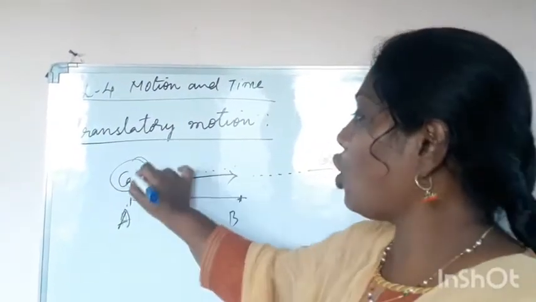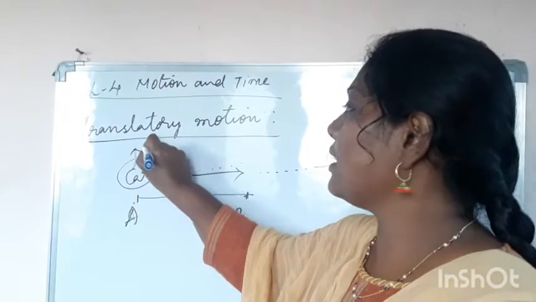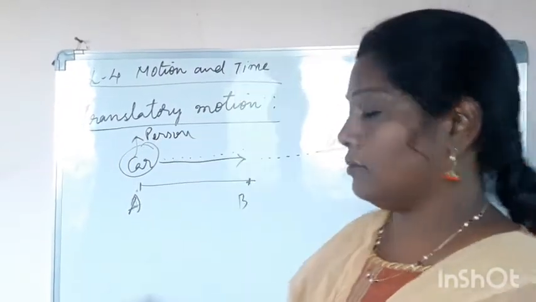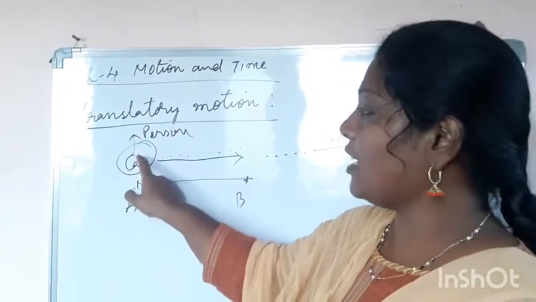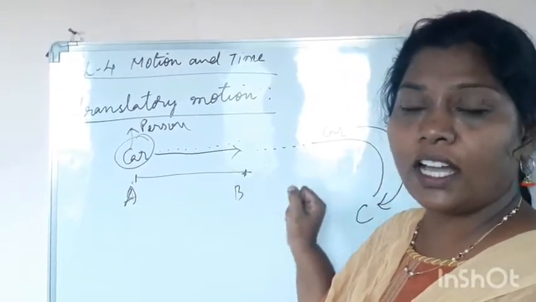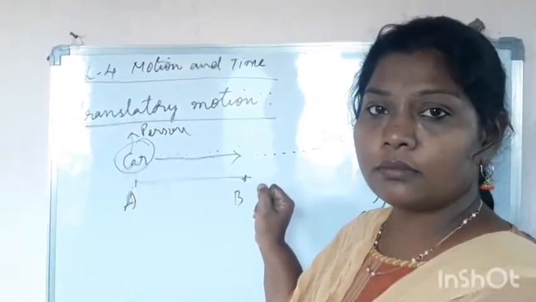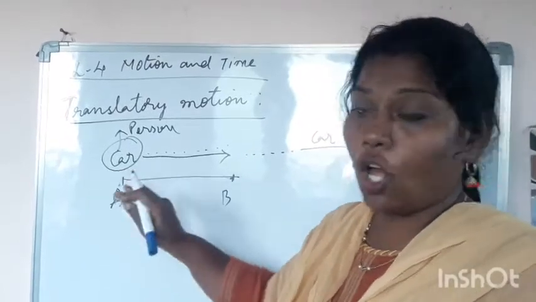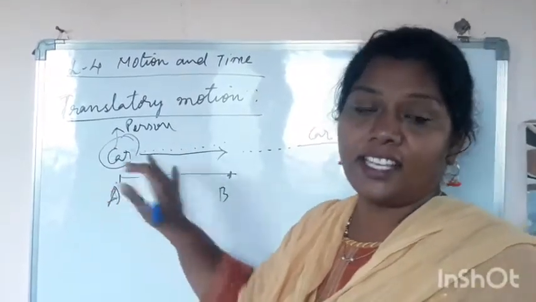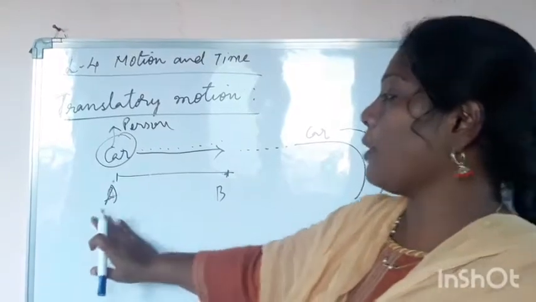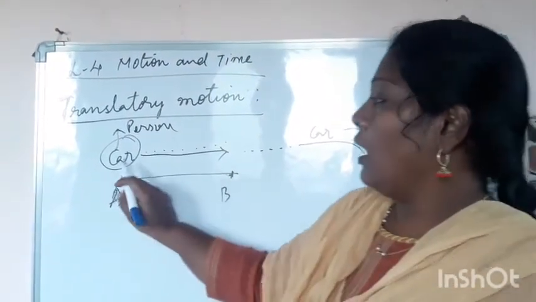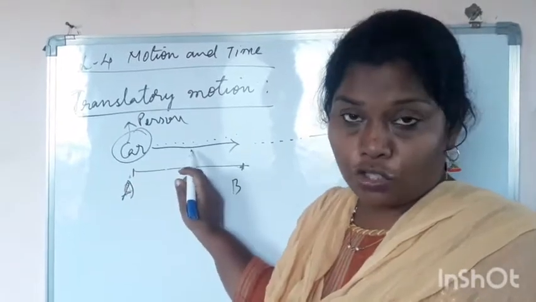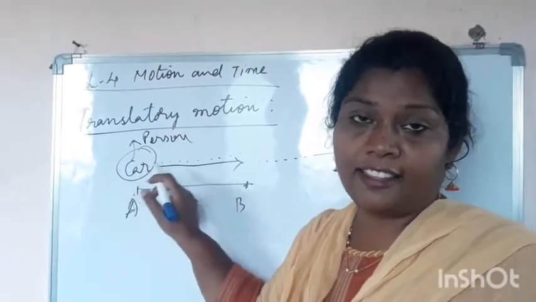Okay, now we will talk about a person who is sitting in the car. While the car is moving, is the person sitting in this car moving along with the car? Okay, children, now we will talk about a person who is sitting in this car which is moving from point A to B and B to C. Now the car is under motion, and the person is sitting in the car.